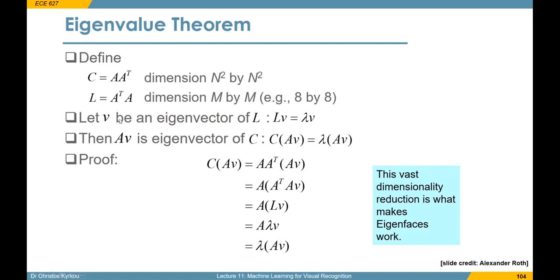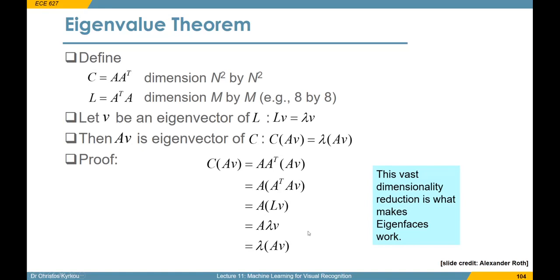If we say that V is the eigenvector of L, so that LV equals lambda V, then the theorem says that A times V is the eigenvector of C, so C times AV equals lambda times AV. Here you can see how this is done. We multiply both sides here with A in the original equation, and we end up having this same formula for eigenvectors.